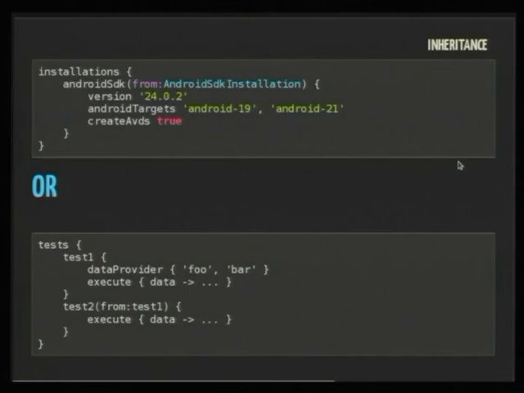I can create test 2 that inherits from test 1. That means the data provider is inherited. And if there would be before suite, after suite, before test, after test closures, this will be inherited as well. So this way I can easily modify the behavior and keep build Gradle DRY.